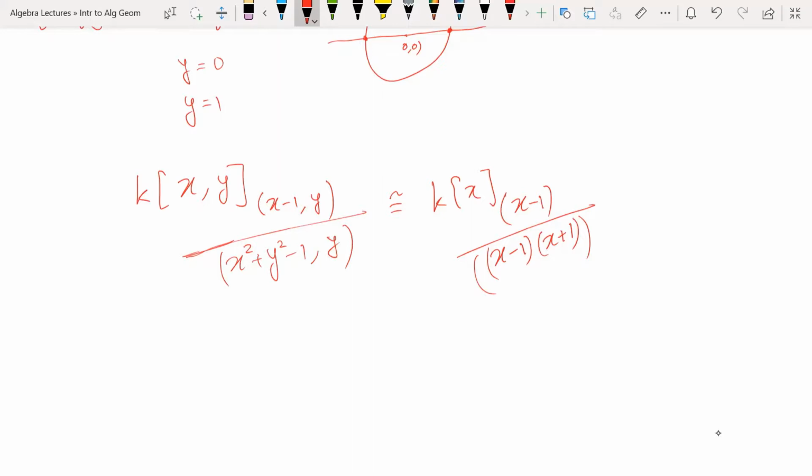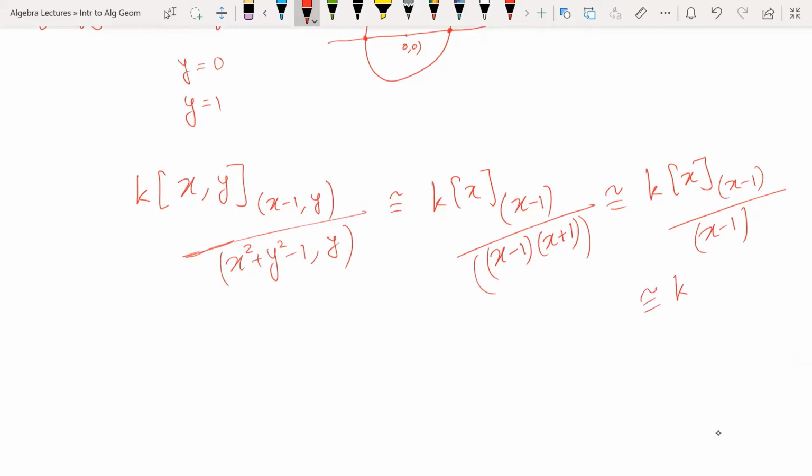So the ideal generated by (x minus 1) times (x plus 1) is the same as the ideal generated by x minus 1. So this is isomorphic to k[x] localized at x minus 1, mod the ideal generated by x minus 1. But that ideal in this ring is the maximal ideal, so this is isomorphic to k.